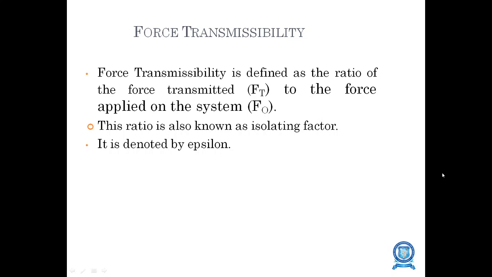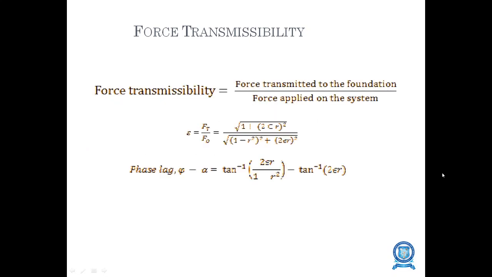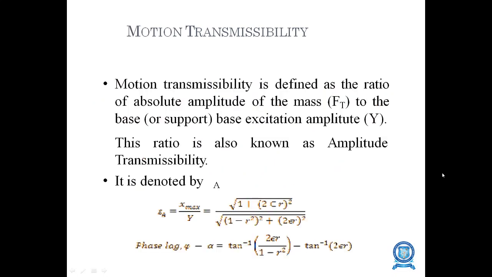It is denoted by epsilon. Force transmissibility epsilon is equal to force transmitted to the foundation divided by force applied on the system. Epsilon is equal to Ft by F naught is equal to root of (1 plus (2 eta r) the whole square) divided by root of (1 minus r square) the whole square plus (2 eta r) the whole square.